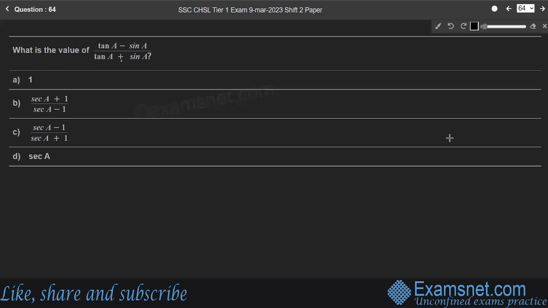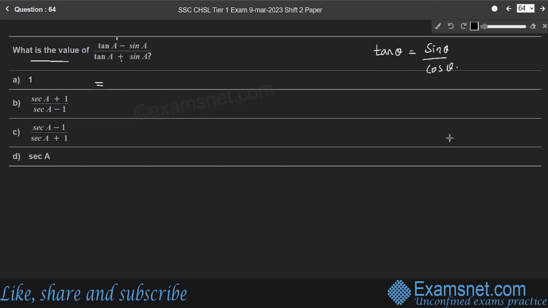Question 64. What is the value of (tan A minus sin A) divided by (tan A plus sin A)? So here we write tan A as sin by cos, because tan theta is sin theta by cos theta.